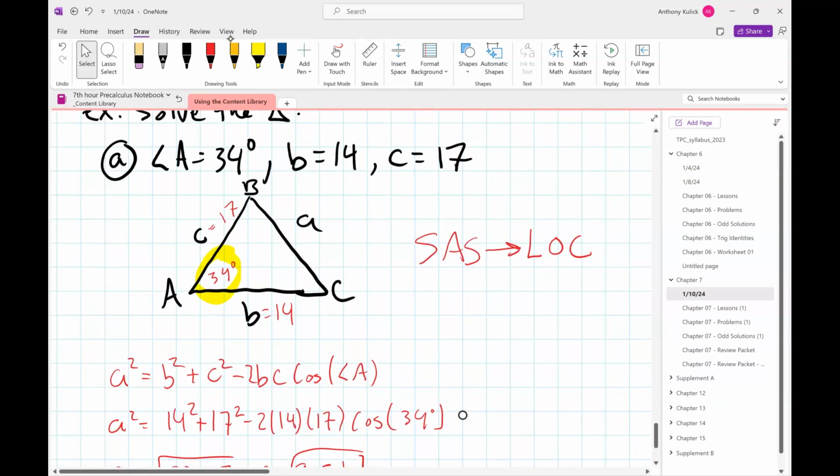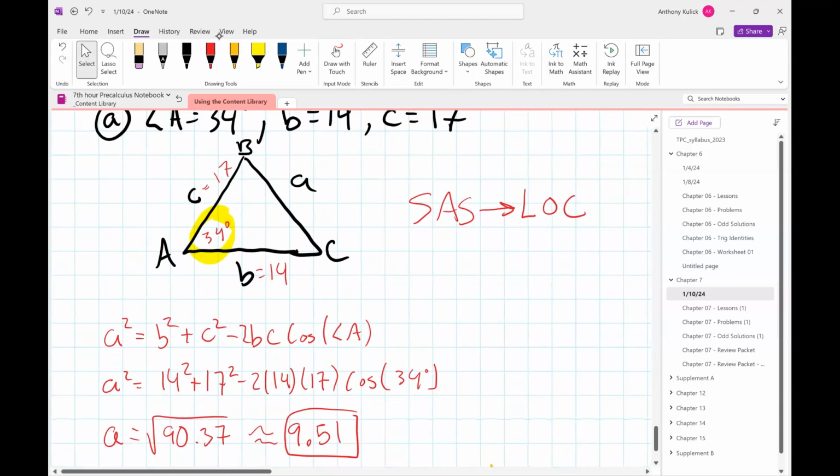So which angle is going to be the smaller of our angles? B or C? Which angle is going to be smaller, angle B or angle C?